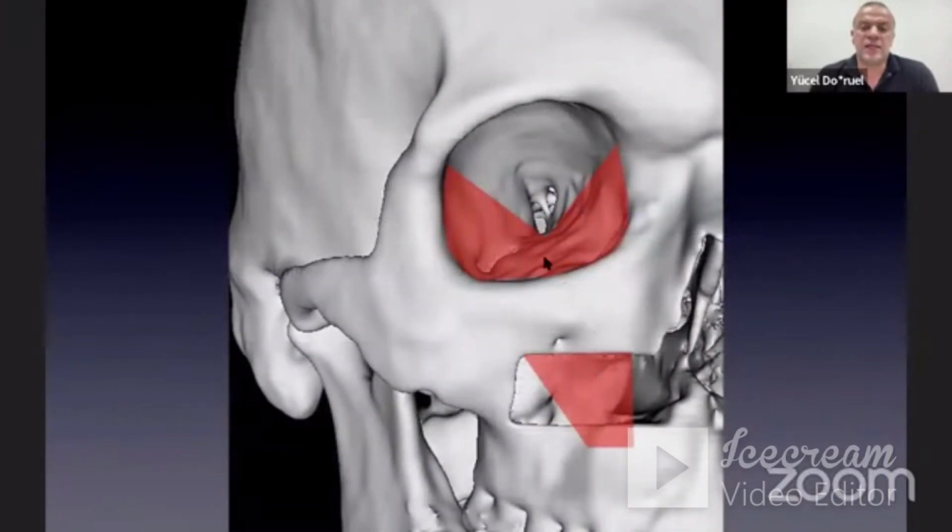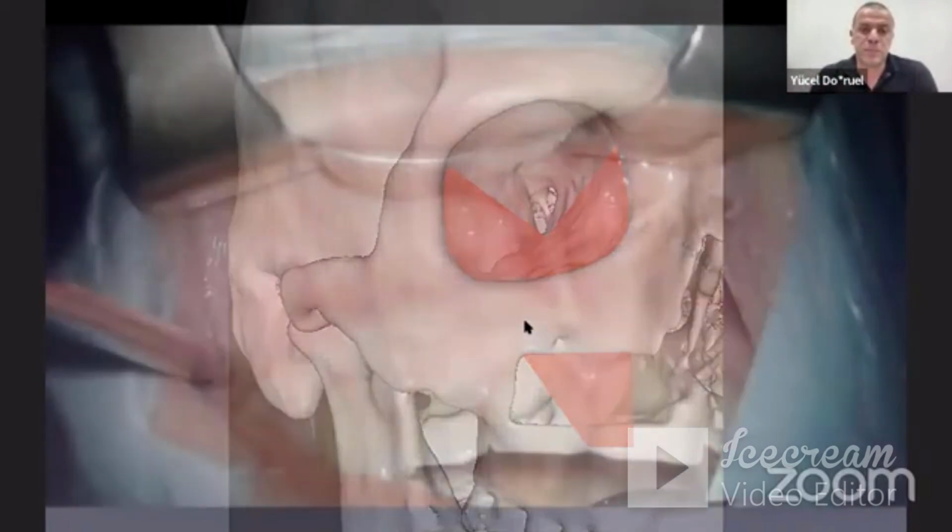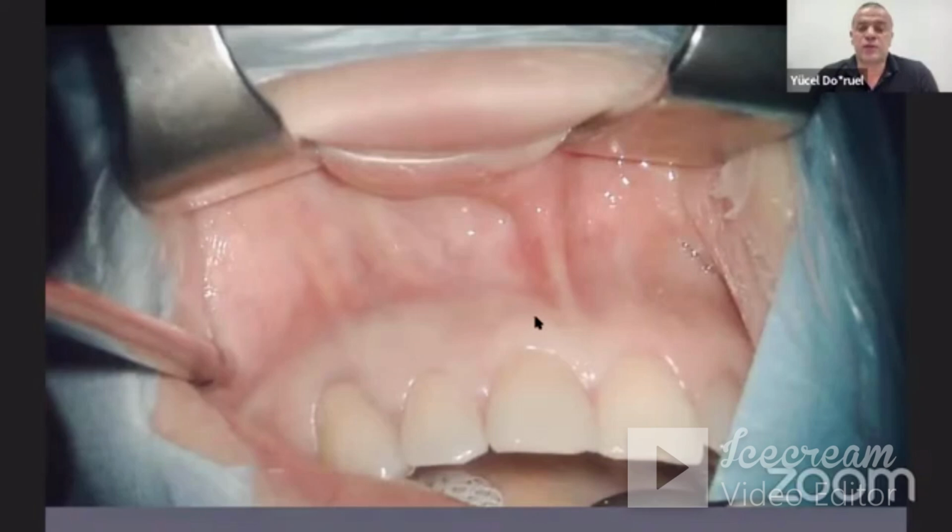However, as I said, because of its close relationship with the orbit, as it covers the inferior wall of the orbit, it is also possible to use it for orbital lesions, and I want to extend this portion of the topic a little bit. I want to show on a case how to reach the inferior orbital floor and remove lesions of the inferior orbital aspect.